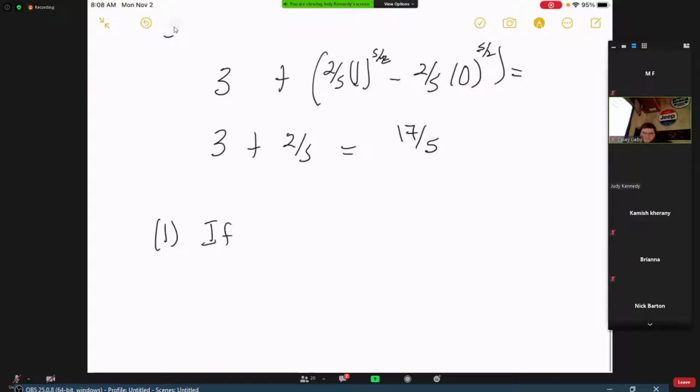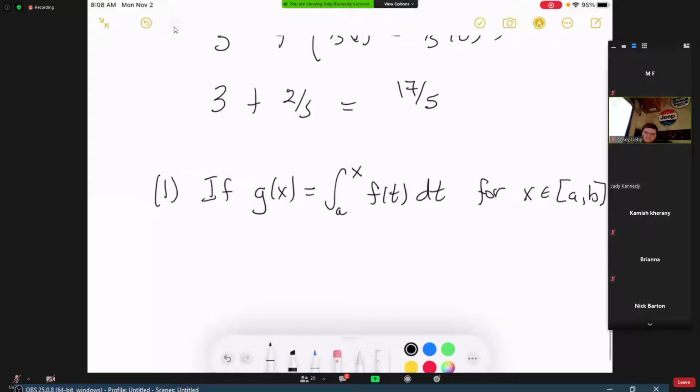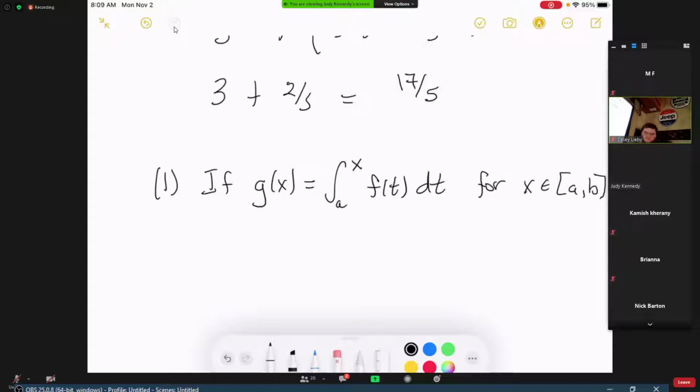If g of x equals the integral, then, and let's say something about what x is. x has to come from your interval on which your function f is defined and continuous.